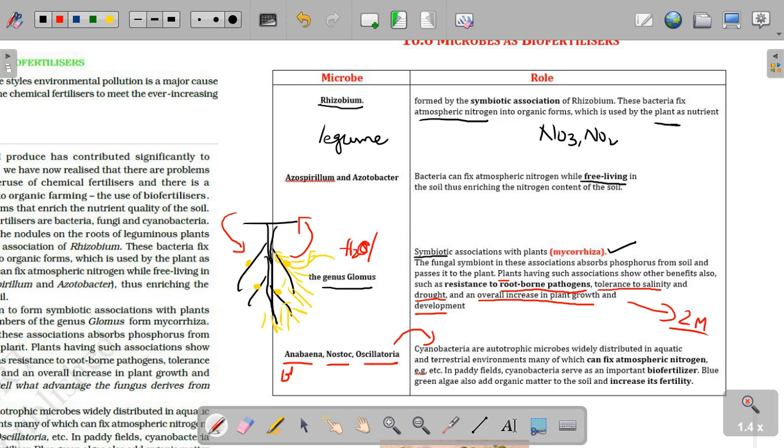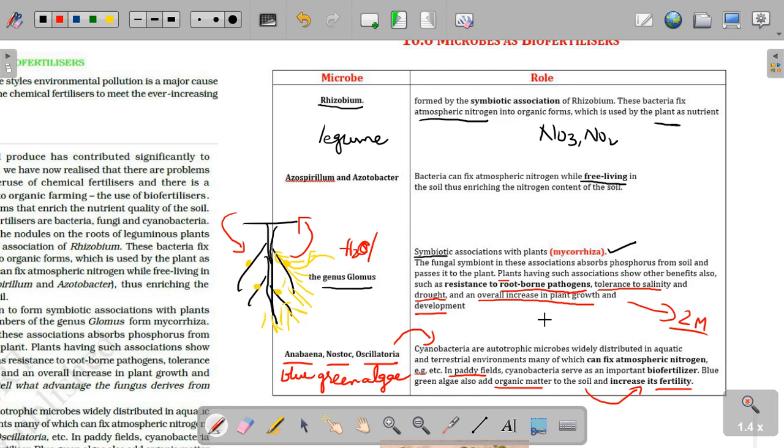Blue green algae are bacteria which are able to fix atmospheric nitrogen into the soil, especially in paddy fields, where they act as bacterial biofertilizers. They add organic matter to the soil to increase its fertility. Soil gets enriched with nutrients, and those nutrients are taken by the plant body, especially the paddy or rice plant.